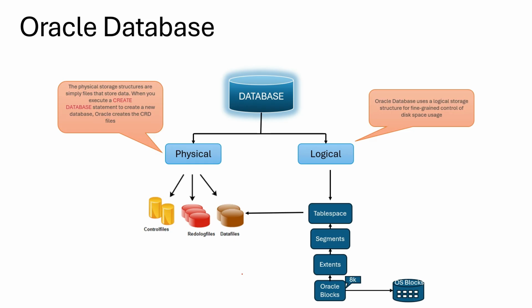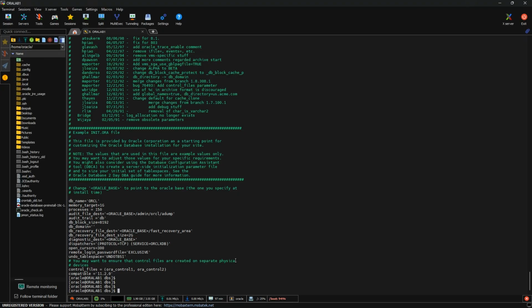Let me show you how I can see them in the Oracle server. There's a view called dba_data_files. Let me connect.